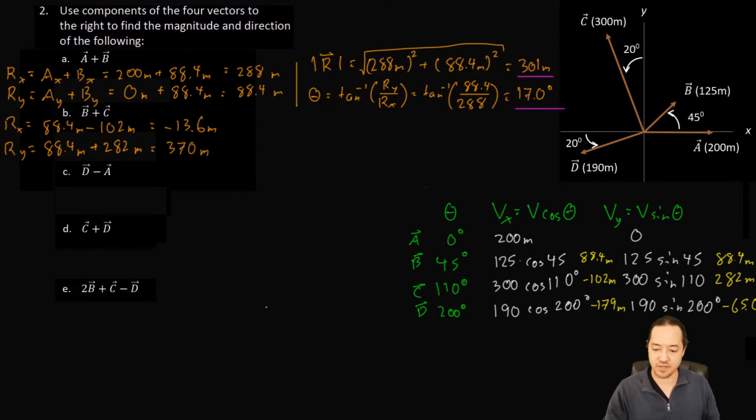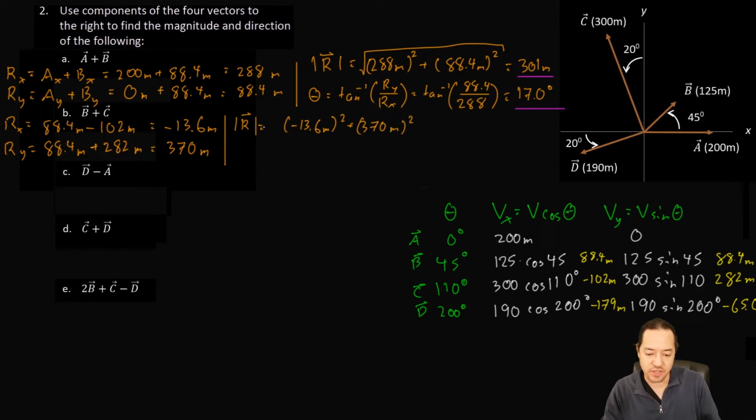Okay, so those are the resultant components. For the magnitude here, it's going to be using Pythagoras again. So we're going to have negative 13.6 meters squared plus 370 meters squared. And then we take the square root.